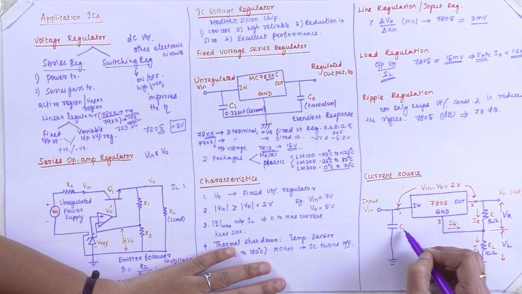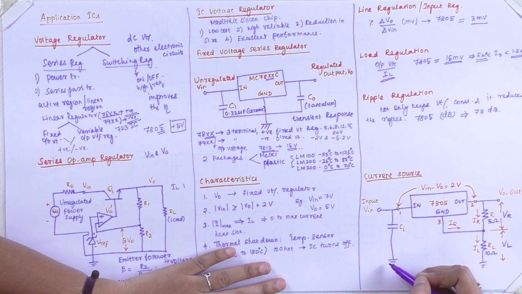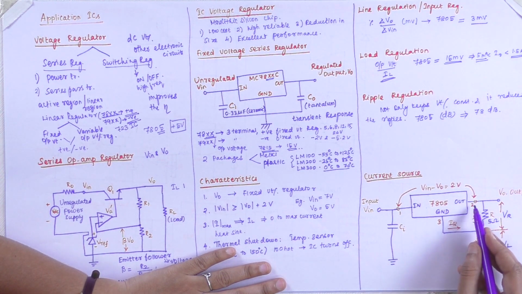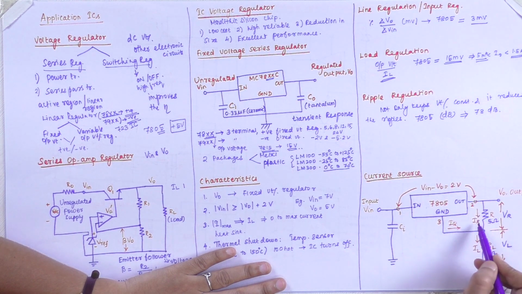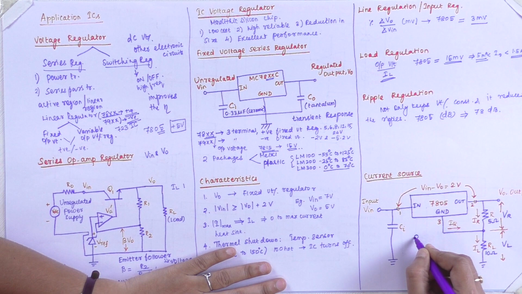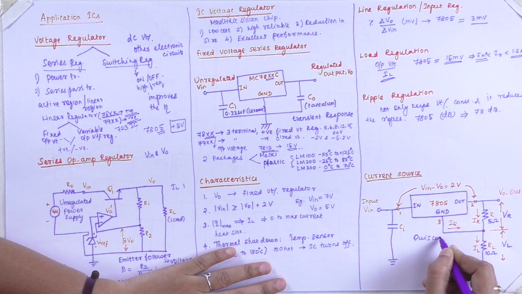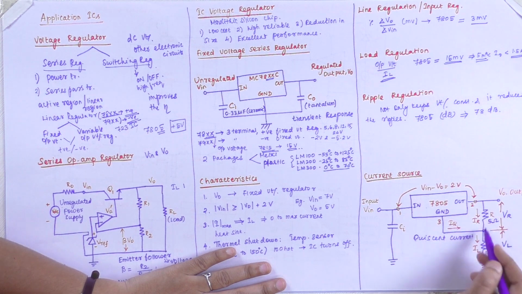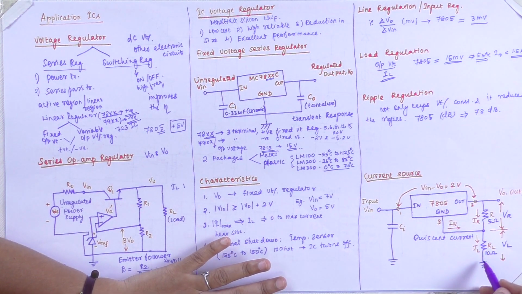Here we have connected a capacitor at the input, grounded, whereas the second and third terminals are connected with the IR current flow and the resistor. Here IQ is the quiescent current, and IL is the load current.